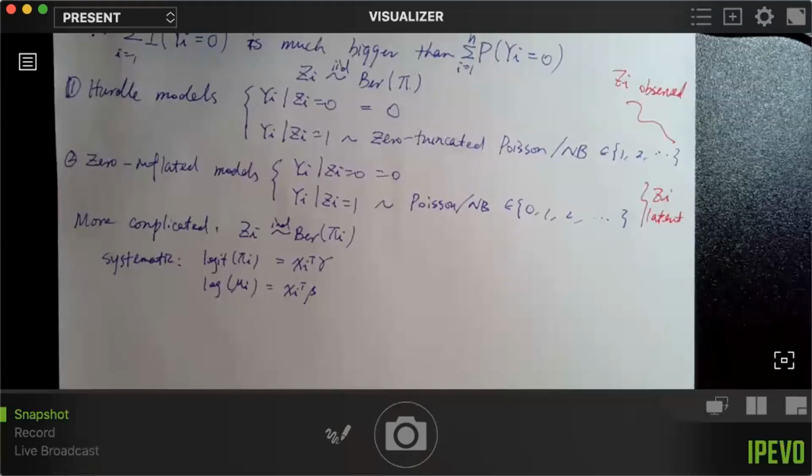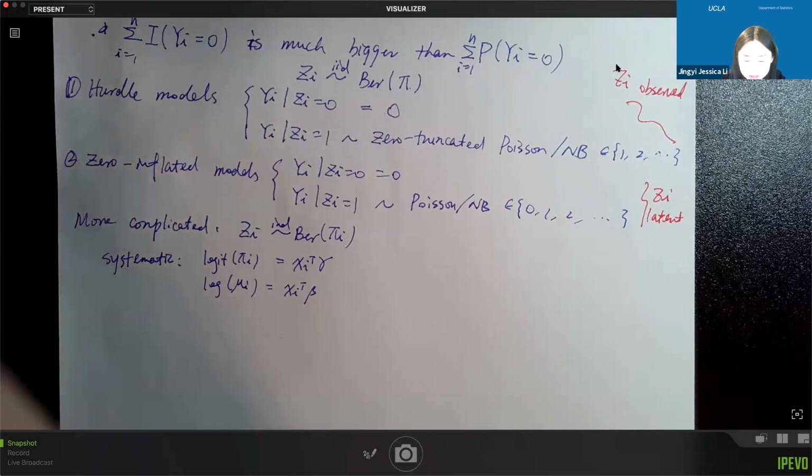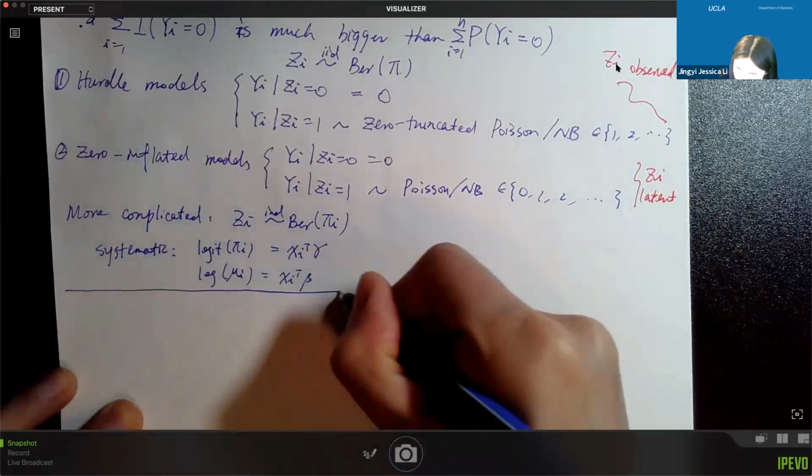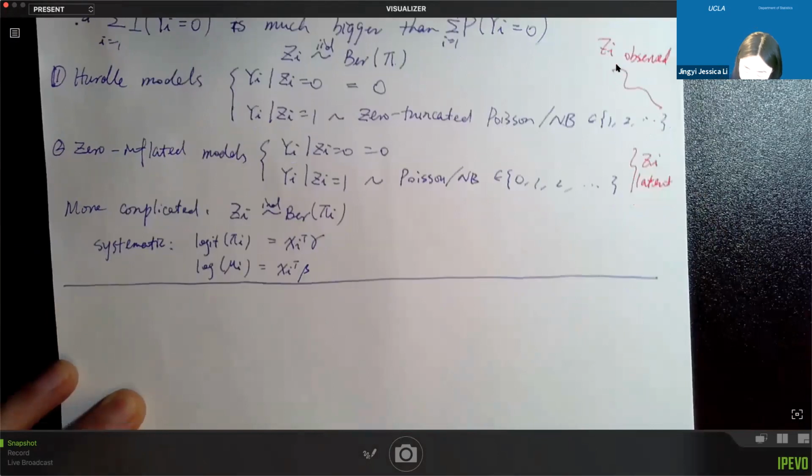Okay, so I'm going to share my screen. So I will first introduce the motivation for doing these linear mixed effect models.